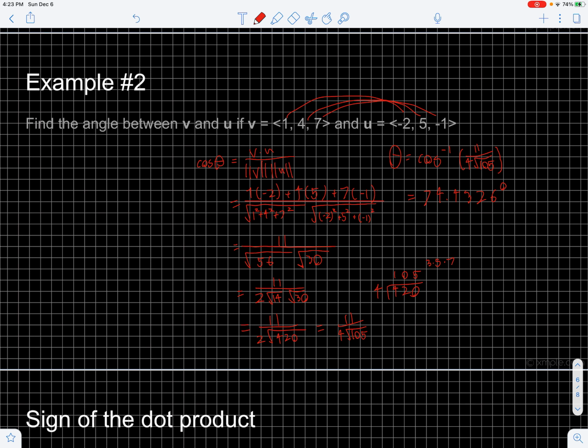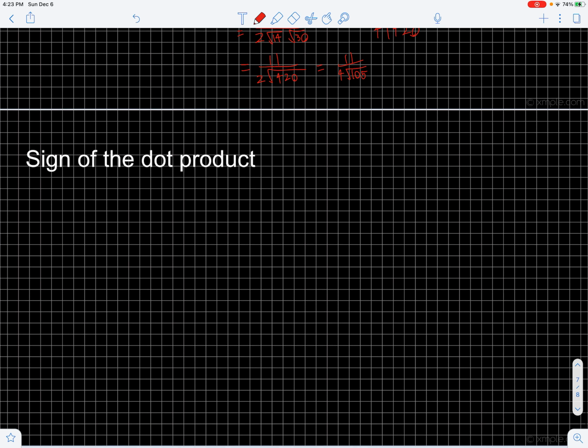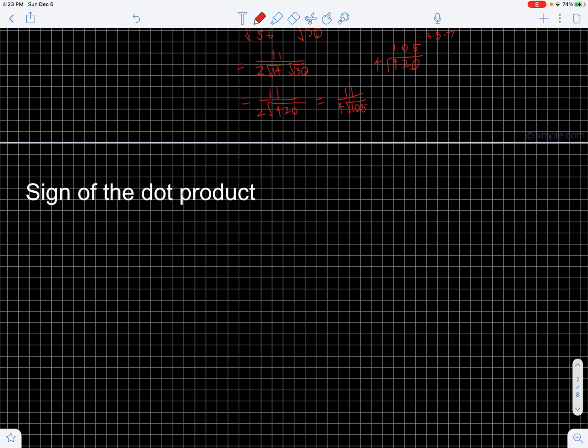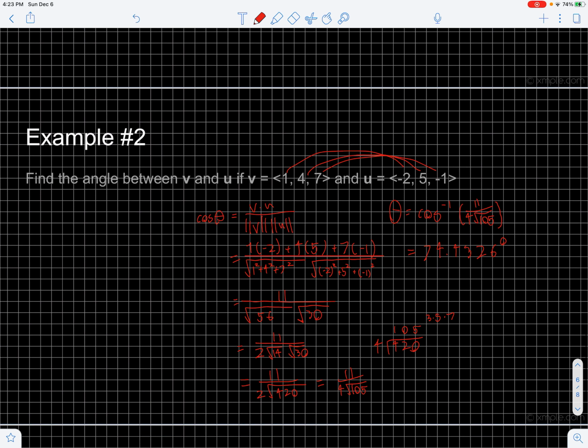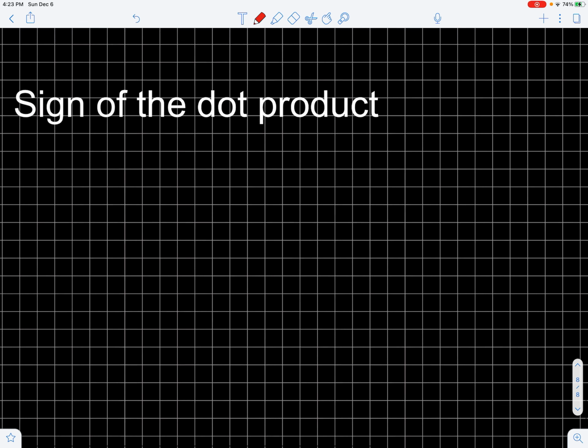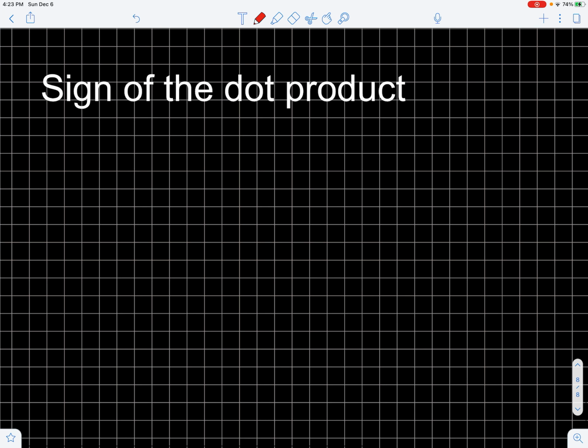Now, without doing this whole calculation, we can glean some stuff about the angle between the two vectors just by looking at the sign of the dot product. All right, so we know that the dot product is equal to, we'll call them vectors A and B, just to get used to you guys calling them different things. The norm of A times the norm of B times cosine theta. Cool.